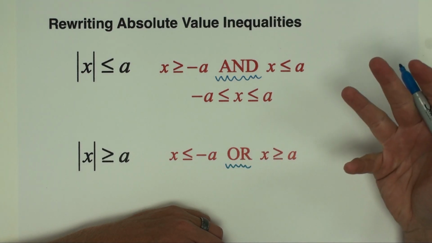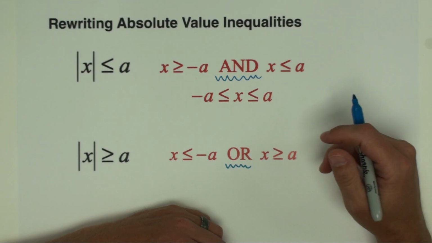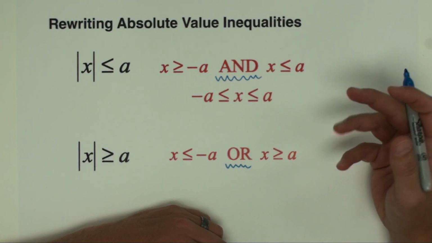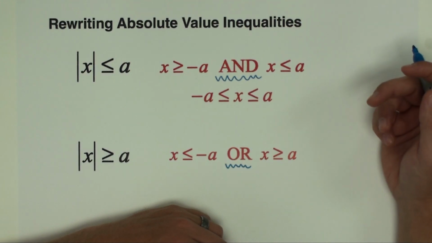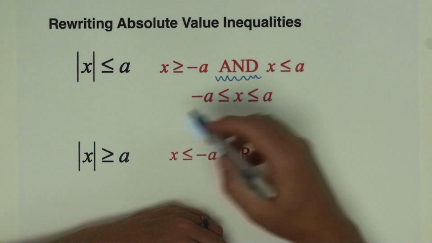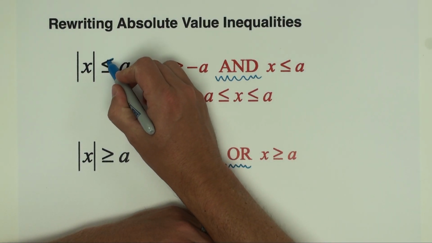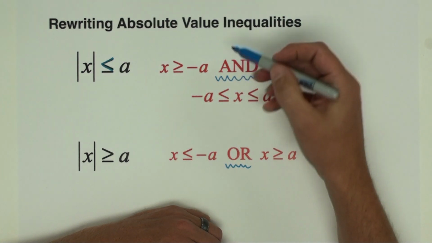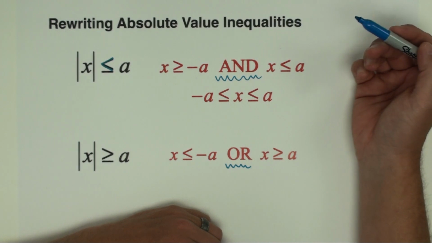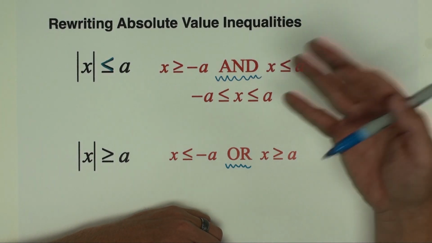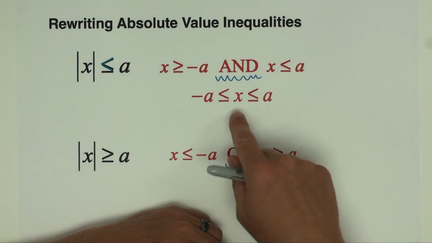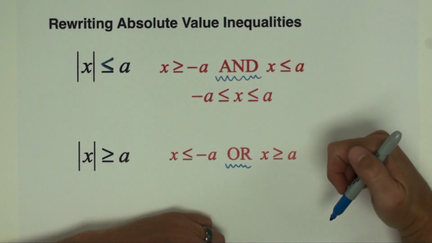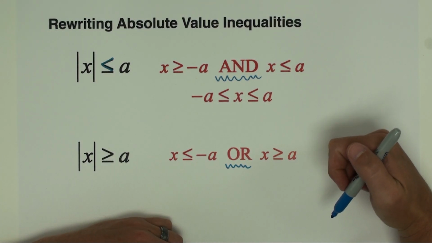Well, with absolute value, the direction of your inequality symbol indicates one of these 2 types of compound inequalities. If you have a less than or equal to, the less than is going to indicate that we have an and statement. And there's a couple ways that you can write that, but we'll explain it in a little more detail when we do some example problems.